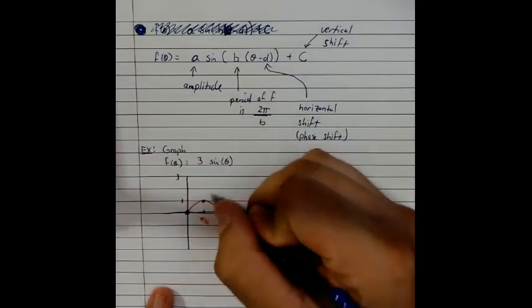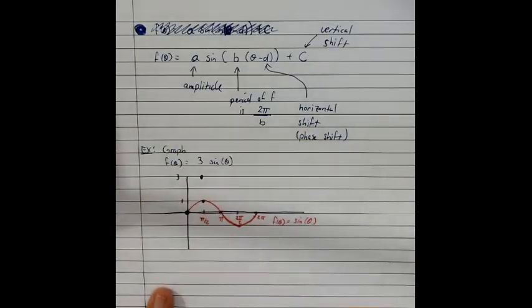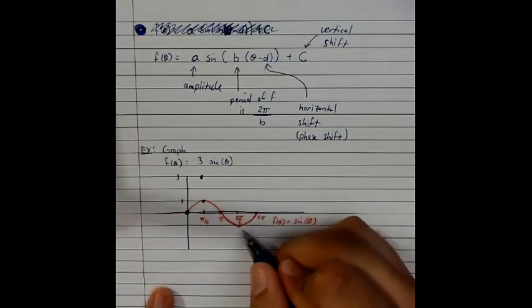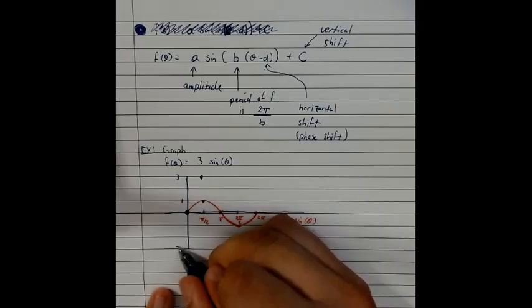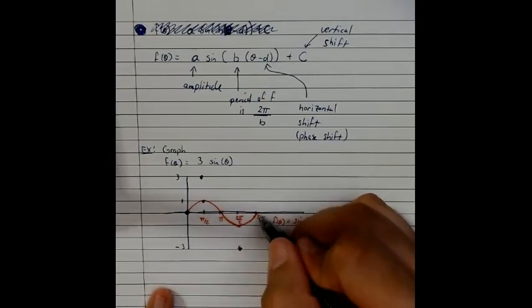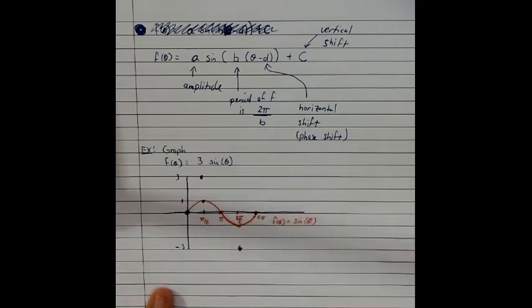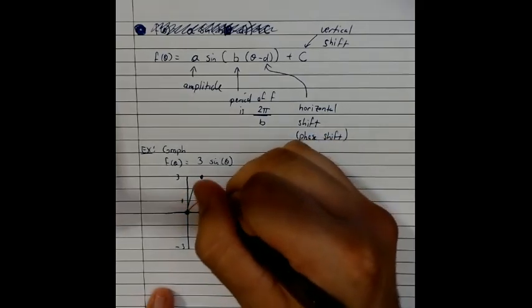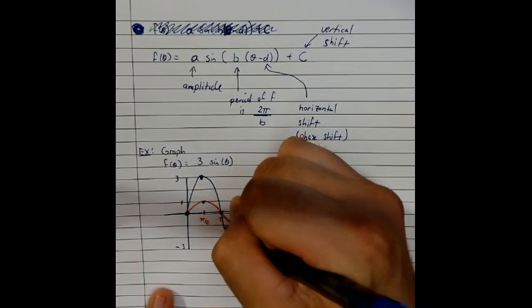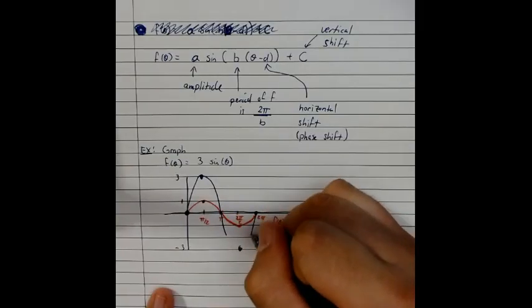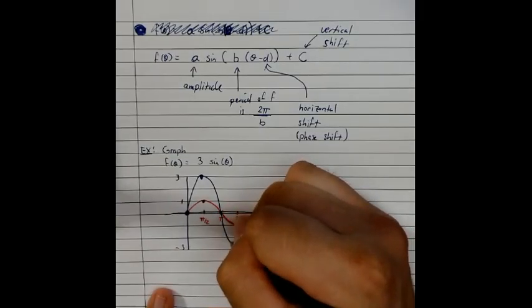So now instead of going to a maximum of 1, it's going to a maximum of 3. Likewise, here the sine of theta is negative 1. So if I triple that, that gives me negative 3. Notice it just comes straight down to negative 3. And then I come back to the axis. If I connect my dots, I still have the same shape, but now everything's gotten taller.